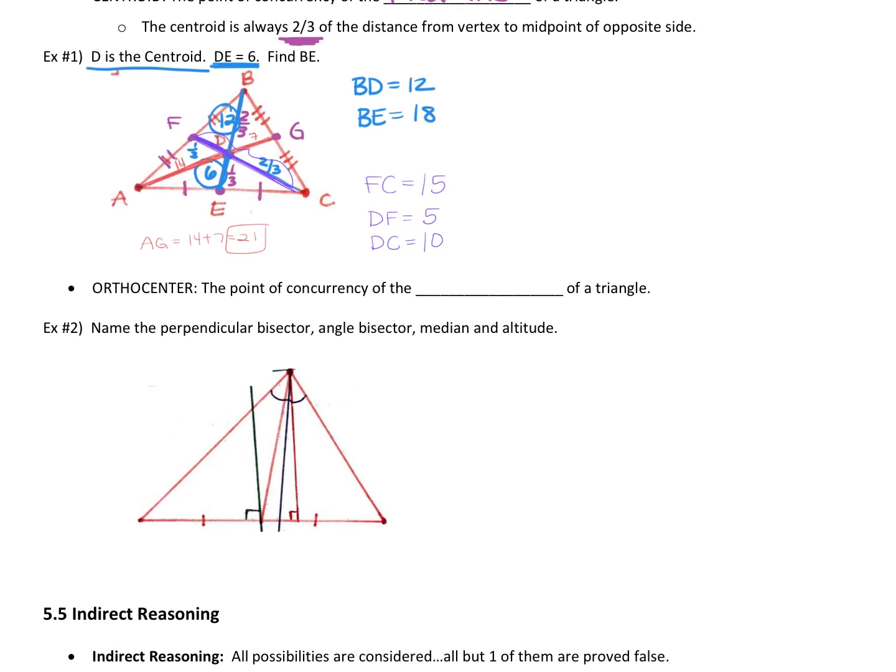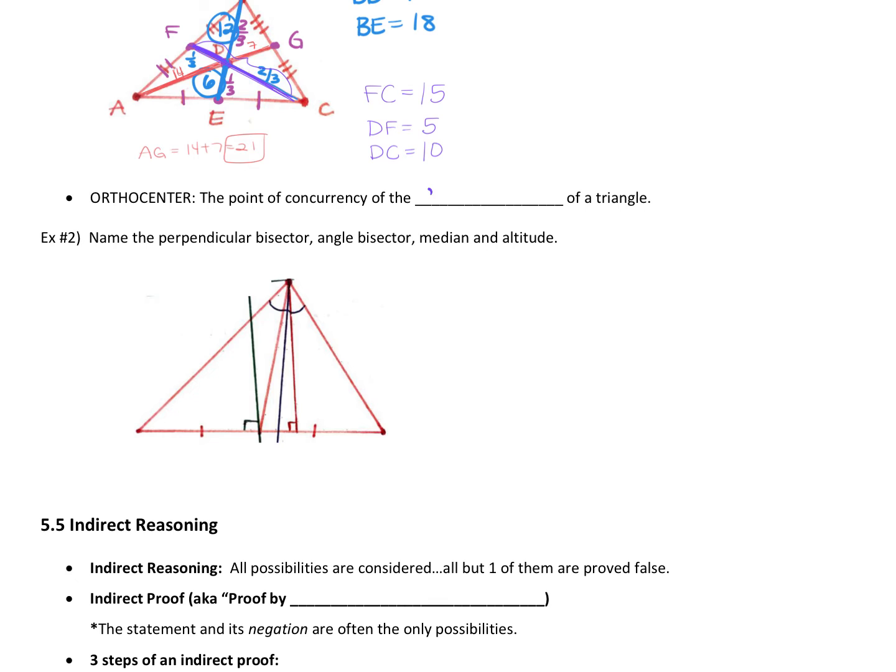Okay, orthocenter. This is the point of concurrency for the altitudes of a triangle. So you'll have 3 altitudes drawn in, and the point where they meet is called the orthocenter. That's the construction that we just did. We're not really going to talk anymore about orthocenters because they don't have a cool thing like the centroids do.